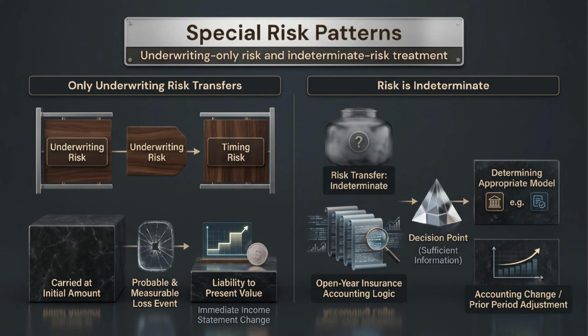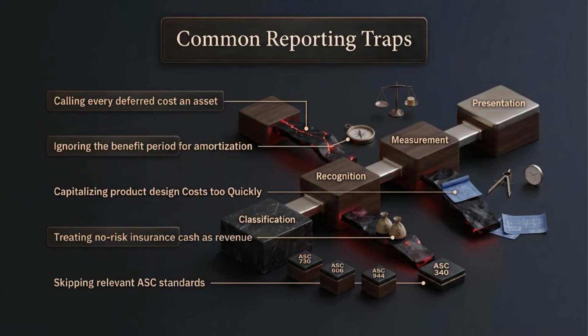If the risk is indeterminate at inception, the entity continues to gather information using the open-year logic. Once enough information exists, management determines the proper model. If deposit accounting is required, the change must be documented carefully because it can affect accounting change treatment, audit evidence, and disclosure support. Let us collect the common traps.